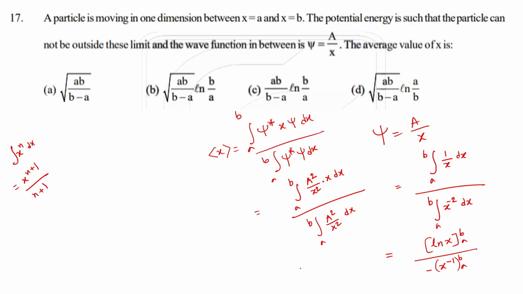You just put the values, and I guess you are going to get ln b by a, and below you are going to get 1 by a minus 1 by b, which is ab into b minus a ln b by a. So your C is going to be the correct answer. Just take a screenshot now. I'm just going quickly.